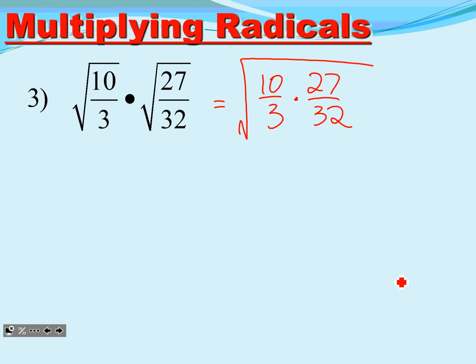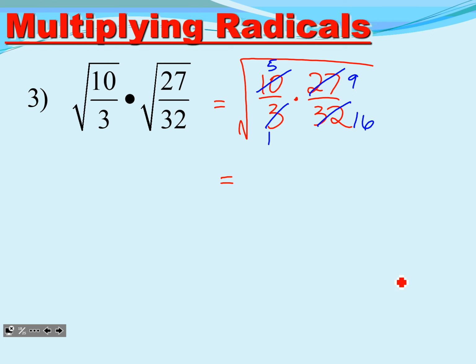How's that going to help me? Well, I'm basically multiplying fractions, guys. So I could definitely cross cancel. So the 3 becomes a 1, 27 becomes a 9, the 10 becomes a 5, 32 becomes a 16.